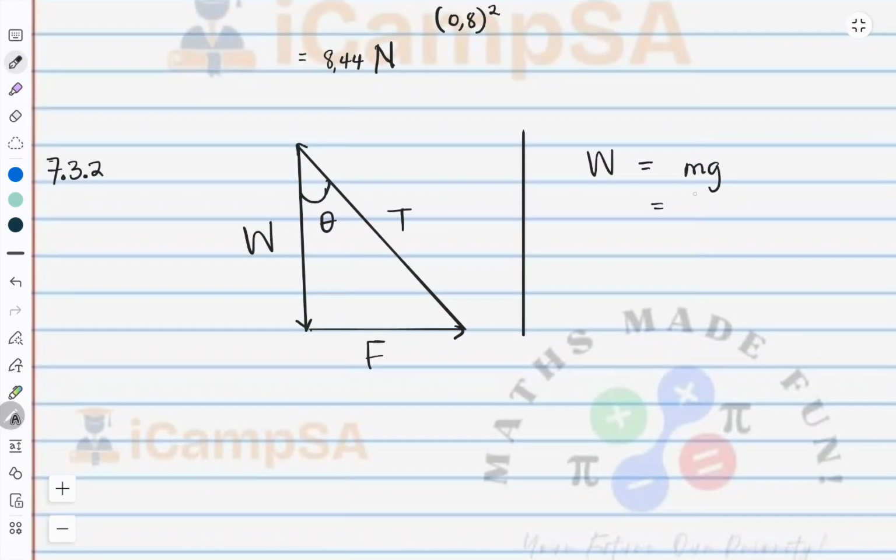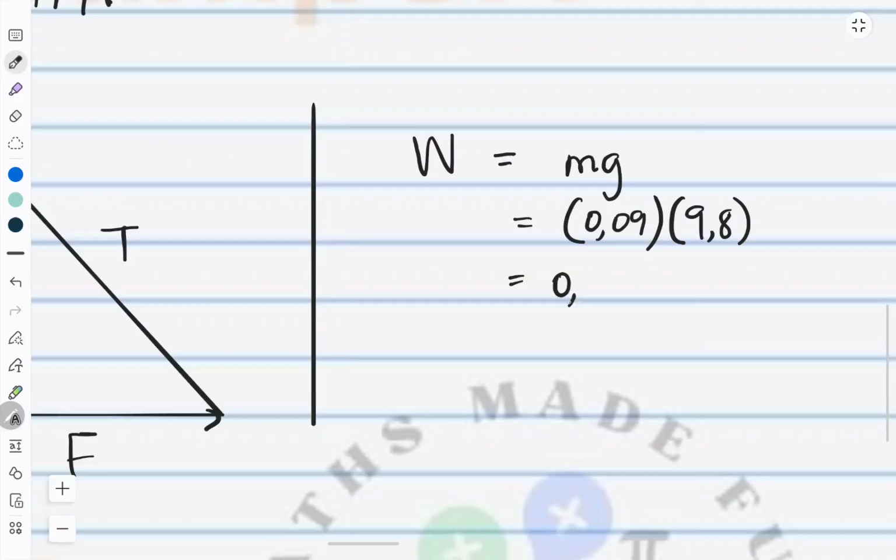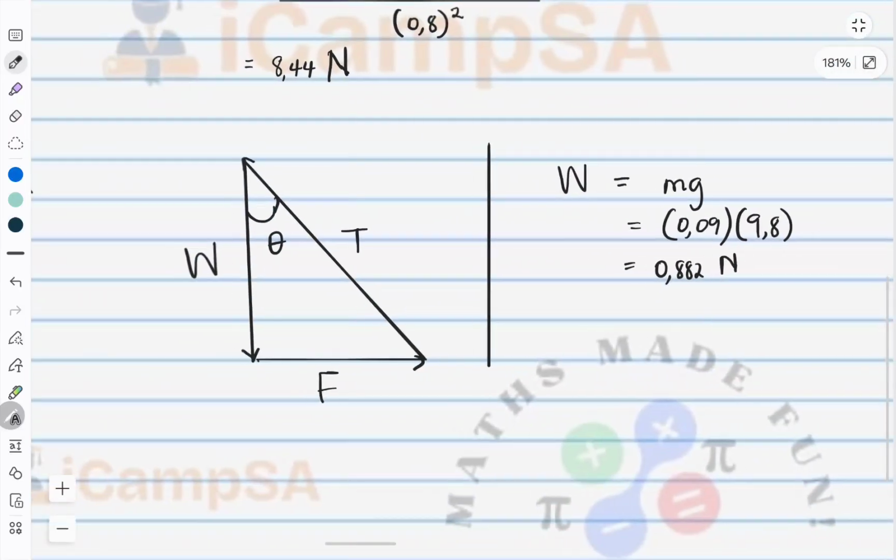We are told that the mass is 90 grams. That's 90 divided by 1,000, so that's 0.09. Let's check. Yes, it's 0.09 times the gravitational acceleration, and then what we get is 0.882 newtons. That's my weight.